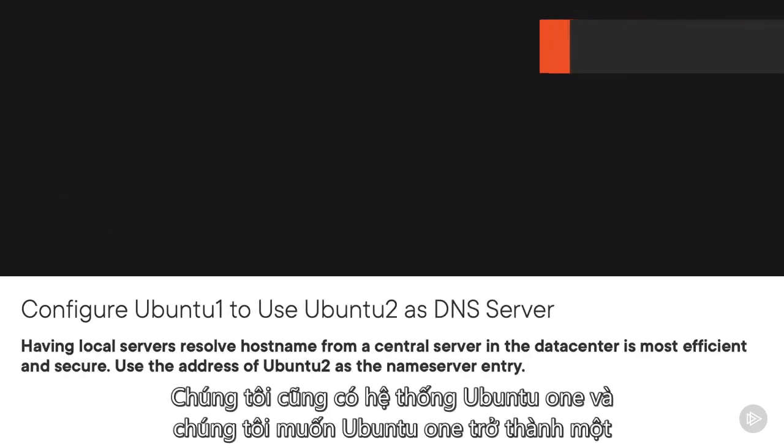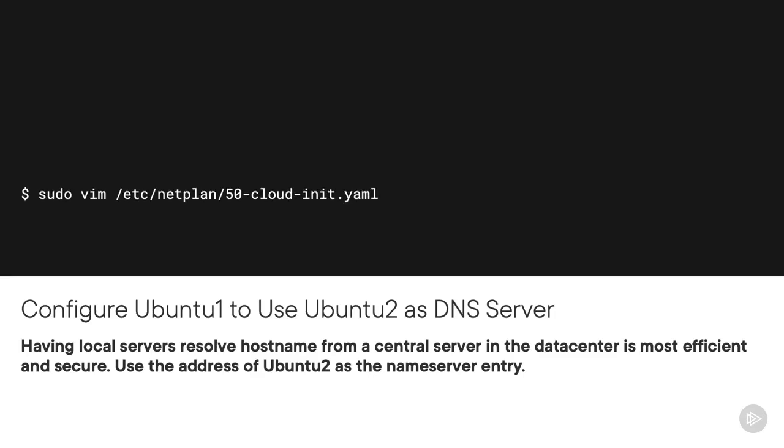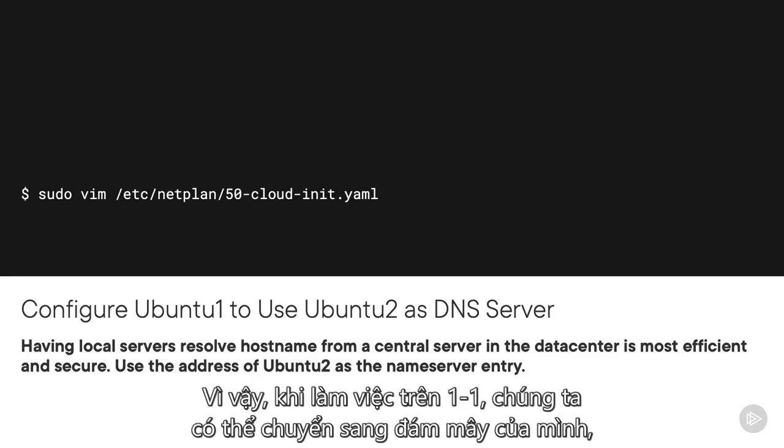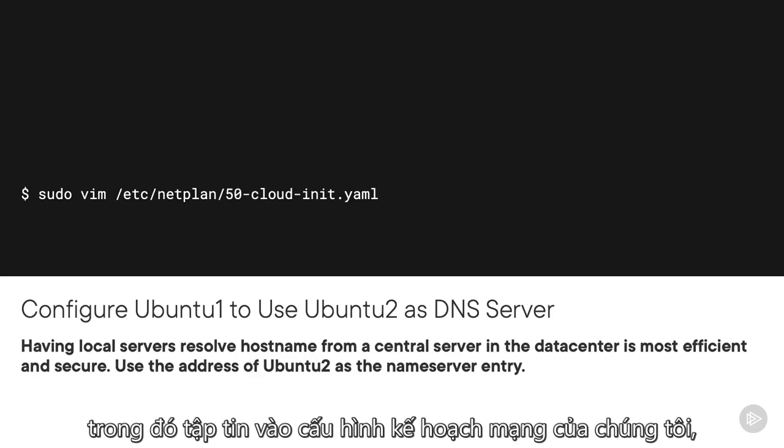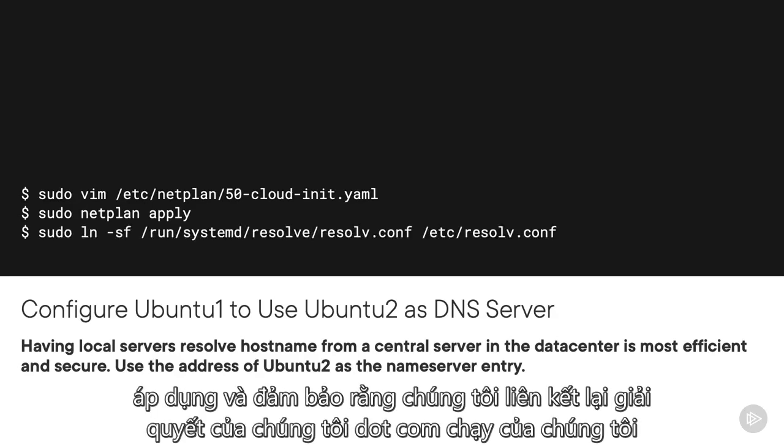Now, we also have our Ubuntu 1 system, and we want Ubuntu 1 to be a DNS client to the DNS server on Ubuntu 2. So working on Ubuntu 1, we can go into our cloud-init file, into our netplan configuration, make the changes that we saw before, and then run through our netplan apply, and make sure that we relink our resolv.conf.